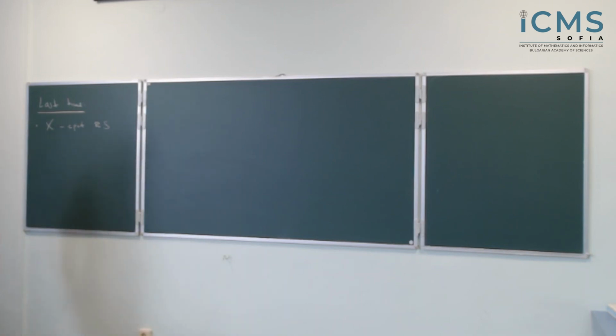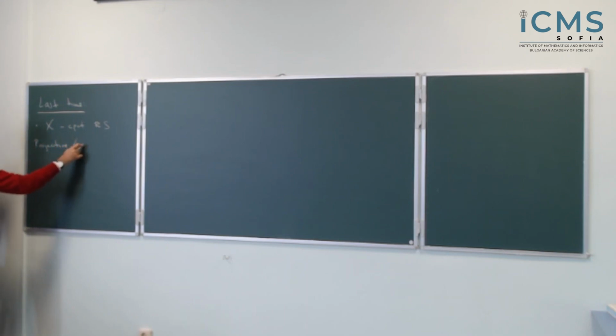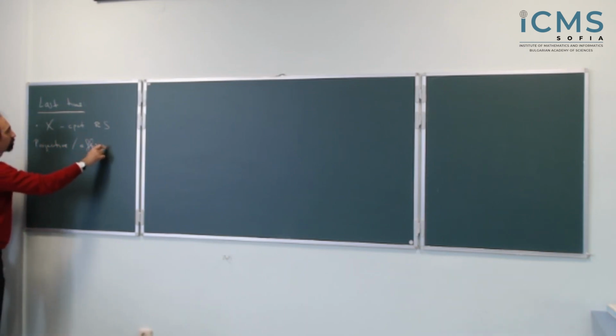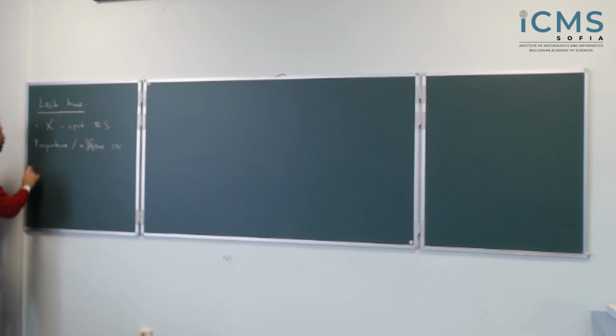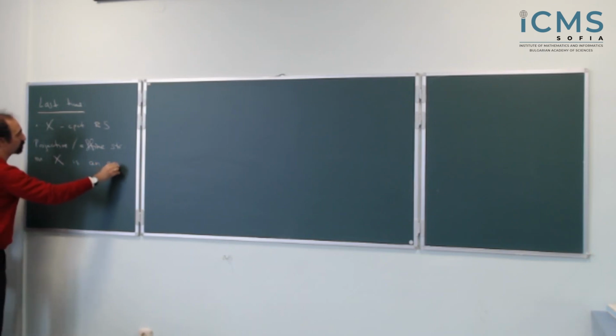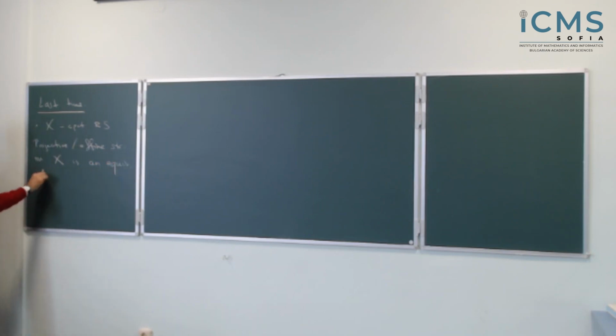After some preliminary setup, we introduced this notion of a projective or affine structure. A projective or affine structure on X was an equivalence class of atlases with a special property, an equivalence class of projective or affine atlases.